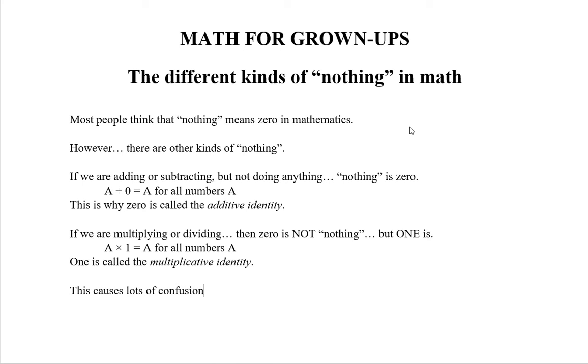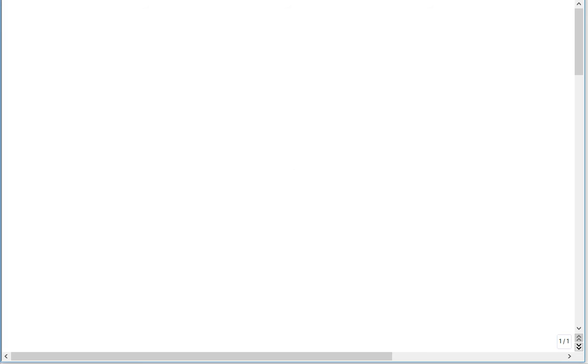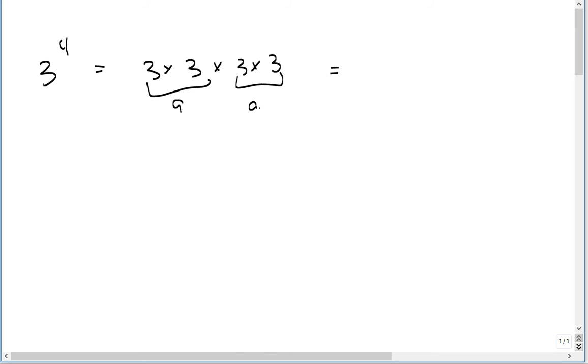How so? Here are some things that really bother people. I'll switch to the pen. For example, hopefully you know that exponents mean how many times you multiply things. 3 to the 4th power means 3 times 3 times 3 times 3. That's 9, and that's 9, so this is 9 times 9, 81. 3 to the 1 power, people are like, okay, fine, you have one 3, that's a 3.